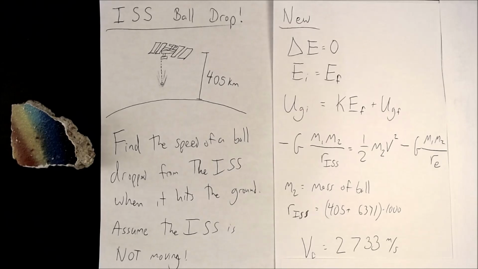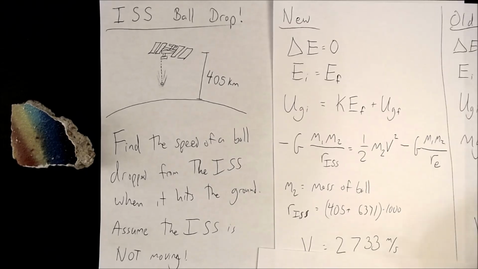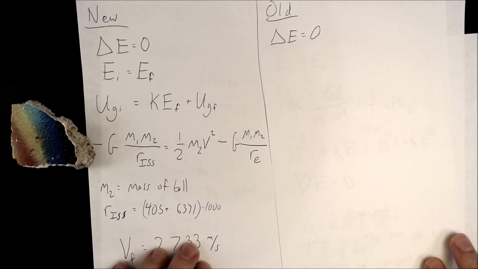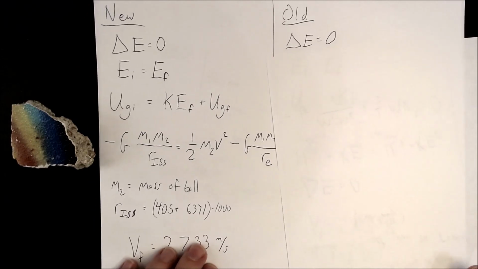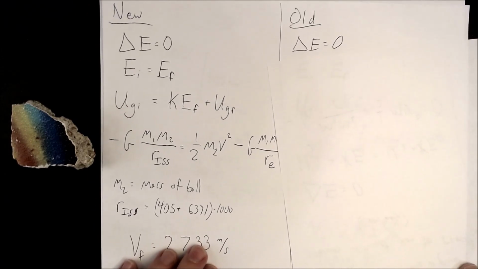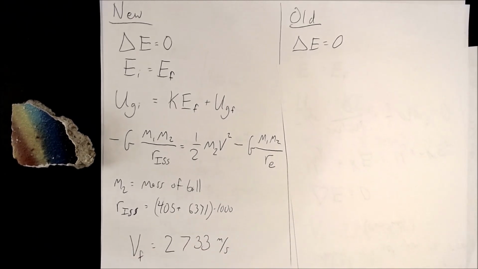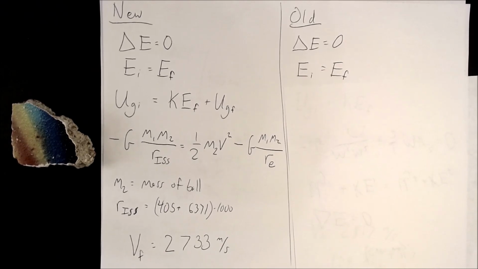Okay. Let's do this all again using our old equation, our old way of solving this kind of problem. Delta E is equal to 0. Again, there's no work being done from outside. Energy initial is equal to energy final. What do you think the initial and final energies will be in the old way using mgh?